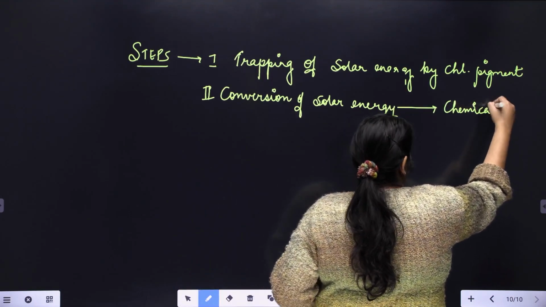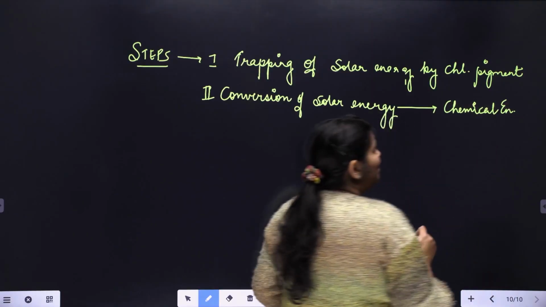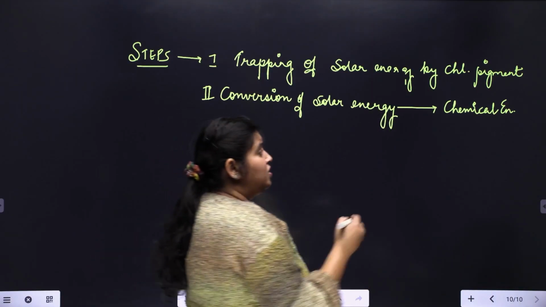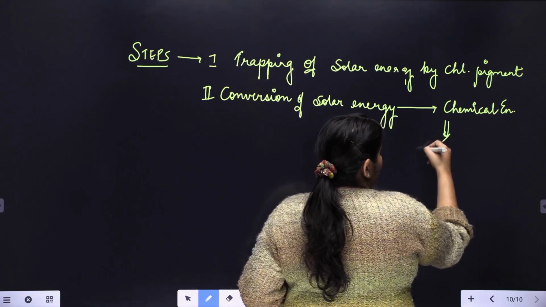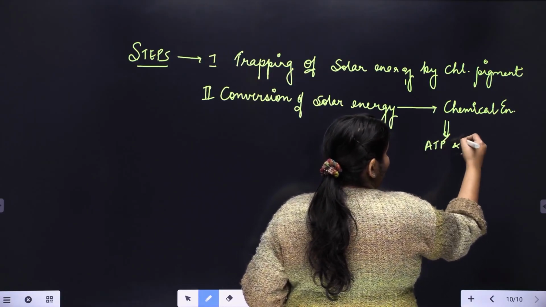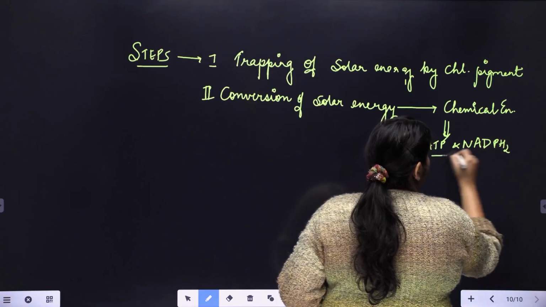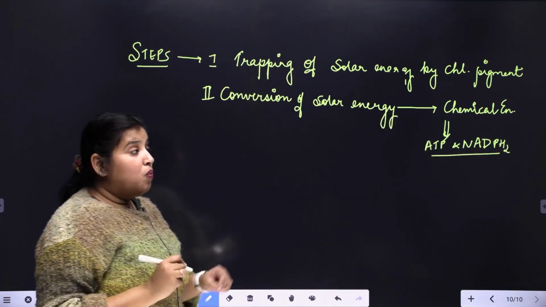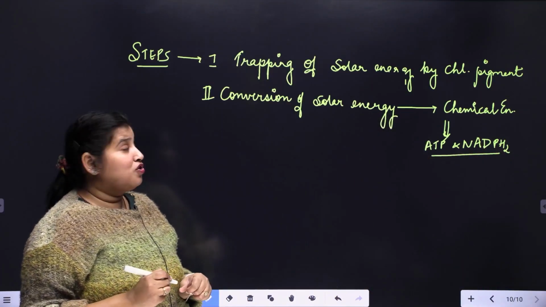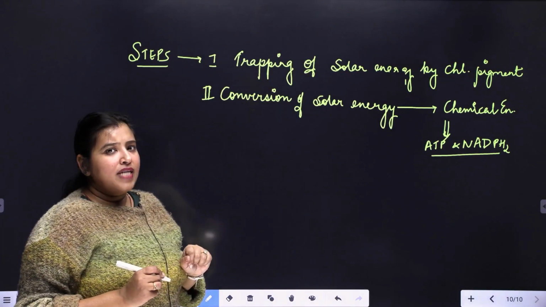chemical energy. Now please remember, chemical energy here means ATP and NADPH2. These are the 2 energy forms which will be utilized in the dark reaction. What is again happening in the second step?